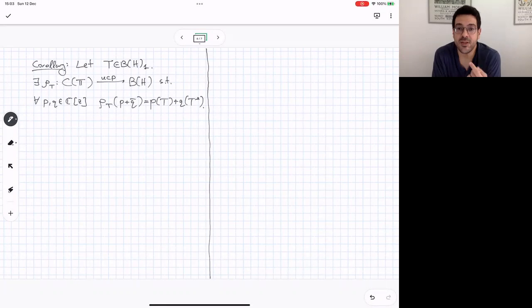So I claim that you can do the same thing, not with unitaries, but with contractions, but you won't get a star homomorphism. With unitaries, the continuous functional calculus was in the sense of C*-algebras, so it was up to star homomorphism. Here it will be up to UCP.